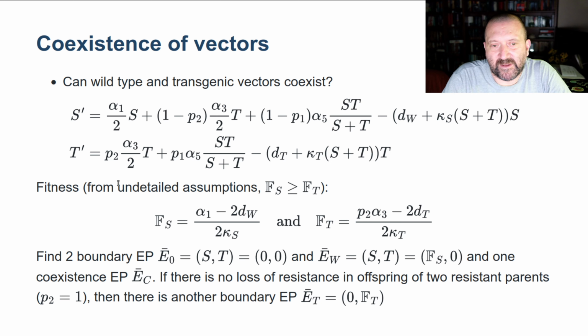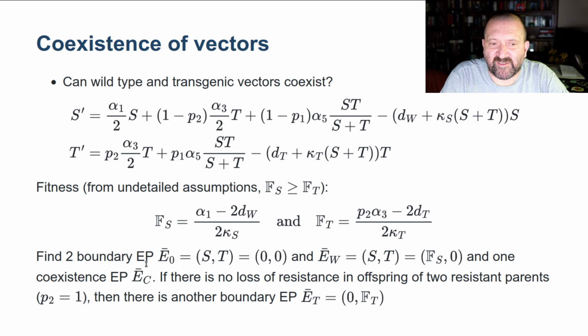Now, I'm not going to go into the details of the model. Okay, so we can define a fitness for the wild type and a fitness for the transgenic. And what's important is that we find two boundary equilibria. So there's one where there's no vectors of any type. Okay, both the wild type and the transgenic are zero. There's one which is the fitness of wild type and zero.